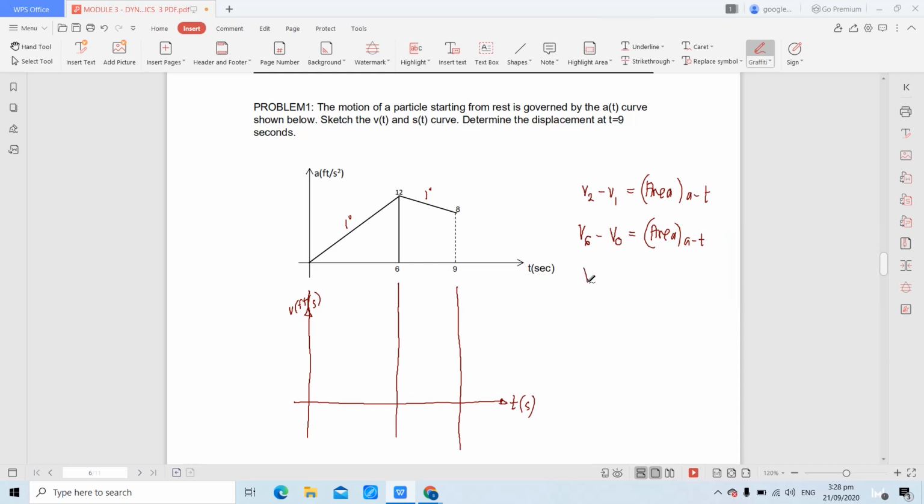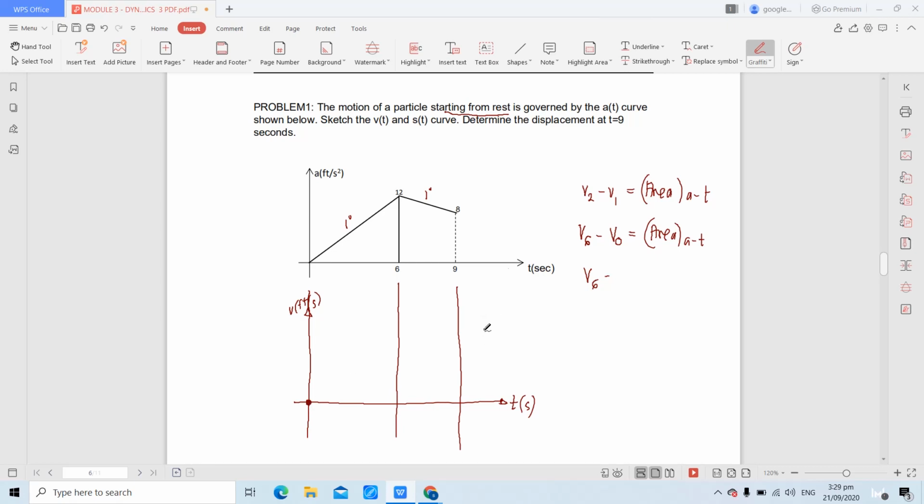Ano ba yung velocity at 6 seconds? Kinukuha natin yon. Ano yung nakaproject dyan na velocity at 6 seconds? Minus velocity at 0, may sinabi ba sa problem? Is starting from rest. So, pag nag-start from rest at time equivalent to 0, the velocity is 0.